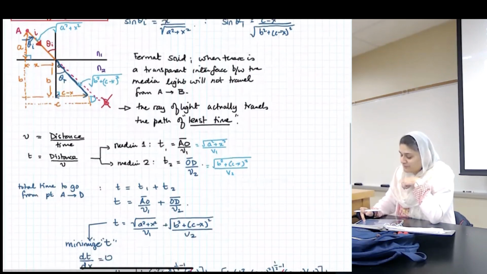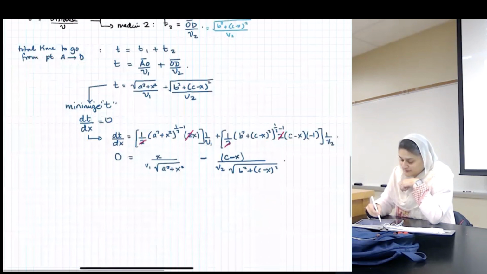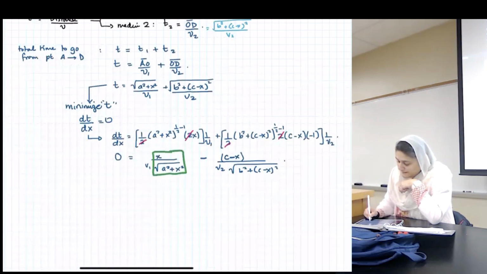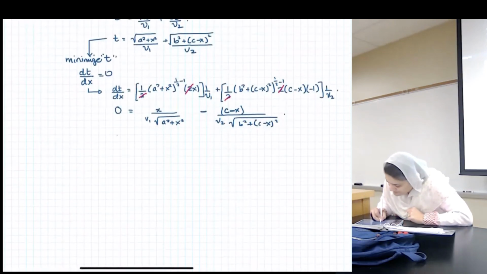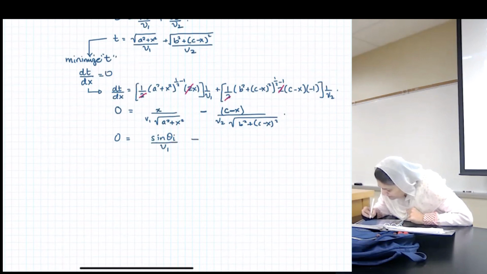So then may I rewrite this really complicated, weird looking thing and this really complicated, weird looking thing as 0 equals sine of theta I over v1 minus sine of theta transmitted divided by v2.